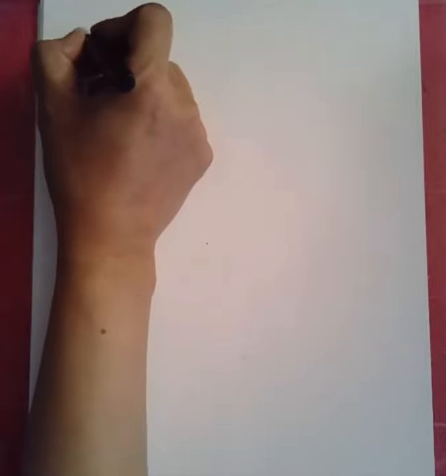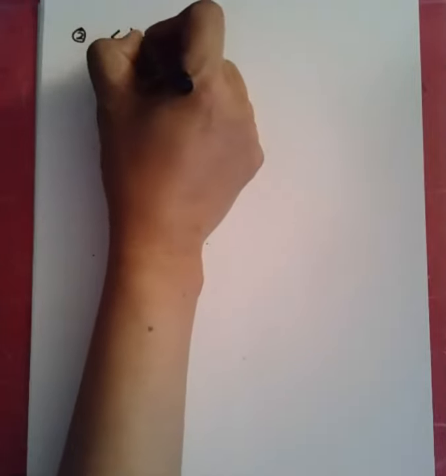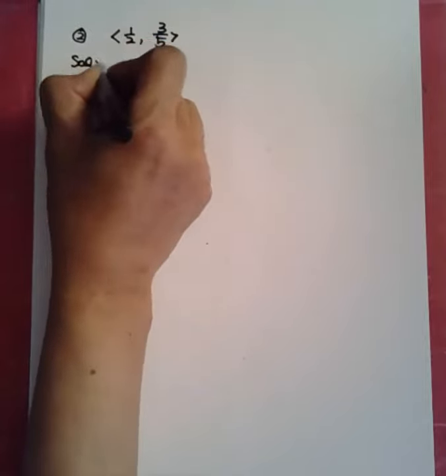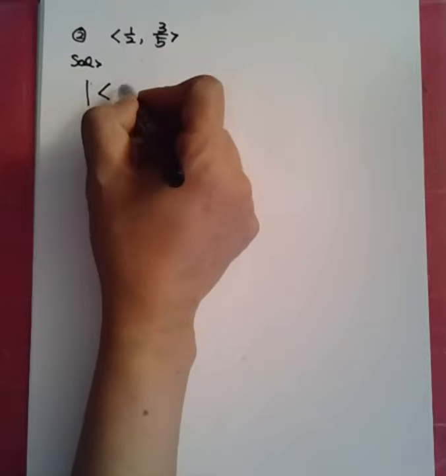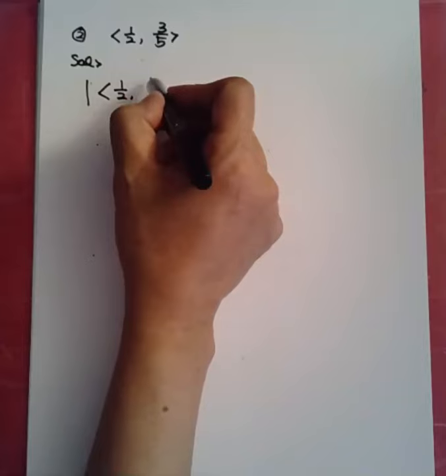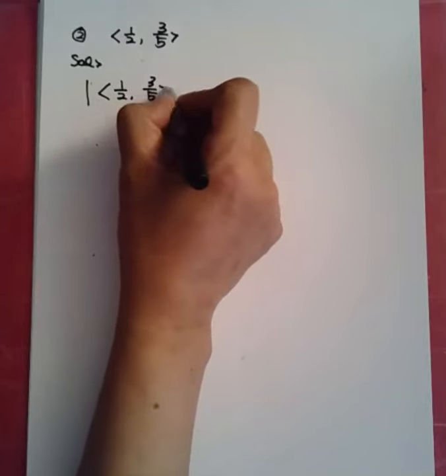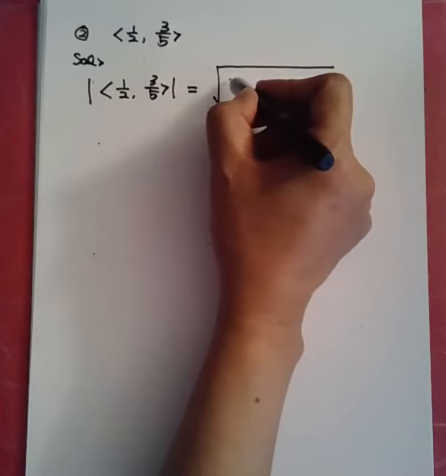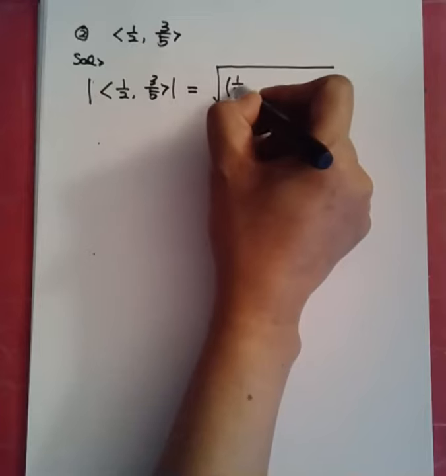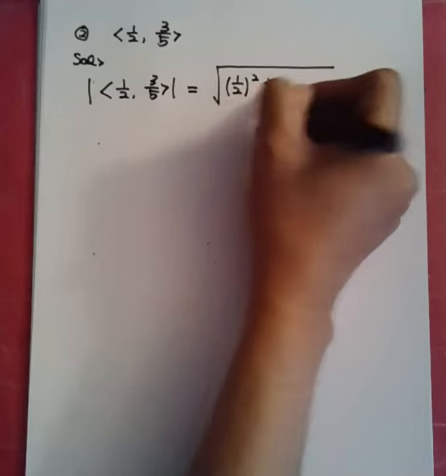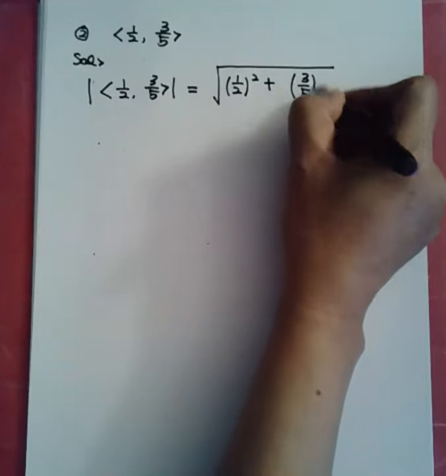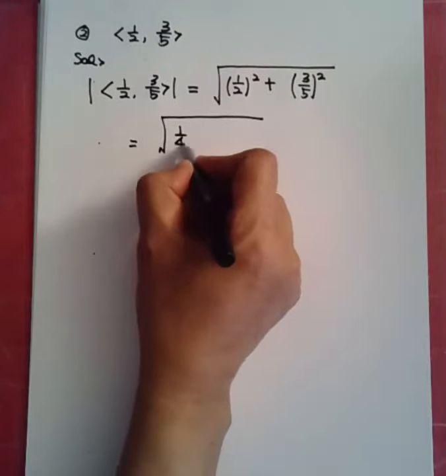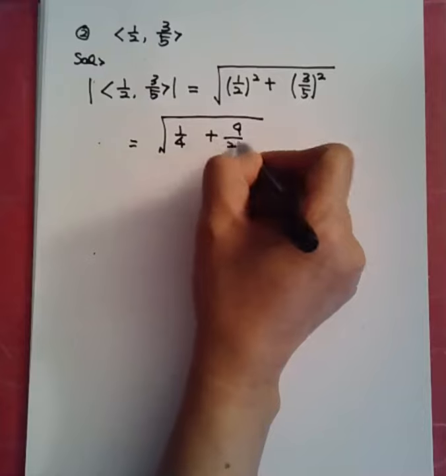In the next problem, the vector is 1 over 2 and 3 over 5. Again, we will think about the length. Then we apply the Pythagorean formula. Then that will be 1 over 2 squared plus 3 over 5 squared. So that will be 1 over 4 plus 9 over 25.